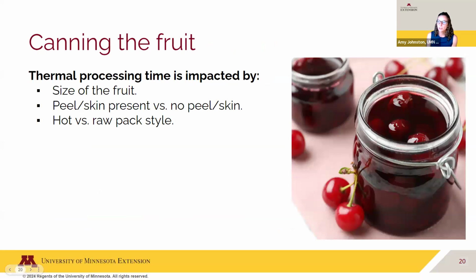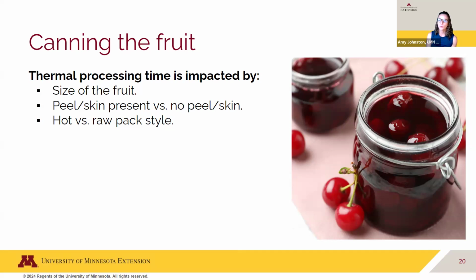So canning the fruit, the thermal processing or that heat treatment time, it's going to be impacted by the size of the fruit. So if it's like a whole fruit, like the cherries you see on the screen, or if it's small pieces.